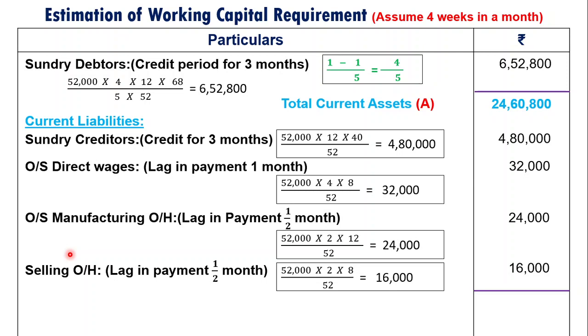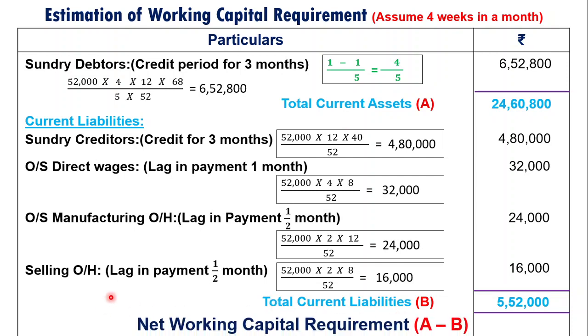Now the total current liabilities is 5,52,000, the total of these 4 items. Now the difference between total current assets and total current liabilities is to be categorized as net working capital requirement, that is A minus B for easy identification purposes.